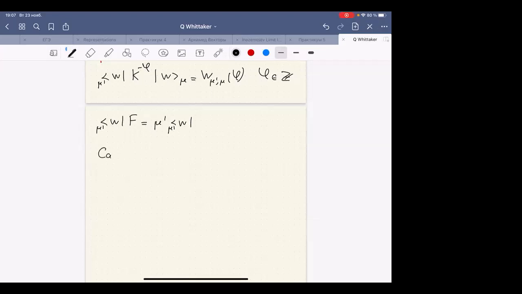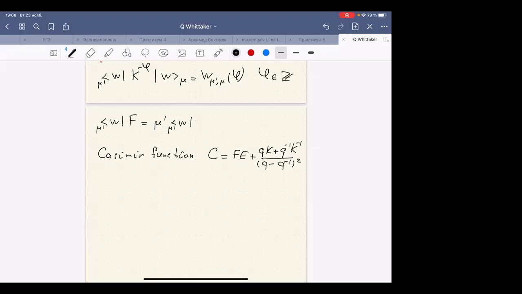So C, which is equal to, let me see, K plus minus 1, K minus 1 divided by K minus 1 squared.